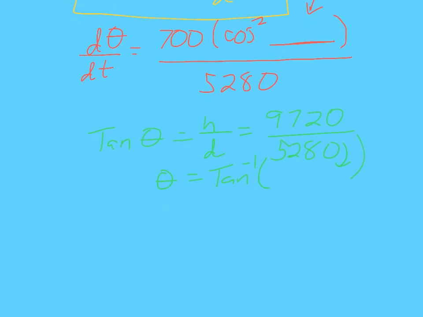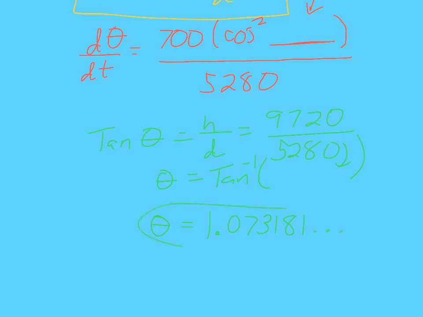So I'm going to my calculator here, and I'm not going to show this. You guys know how to use your calculator now, though. But I'm going tan inverse of 9,720 divided by 5,280. And I'm making sure, please, we're in radians. So we got to make sure that we're in radians. So theta is 1.073181, and it does just keep going.